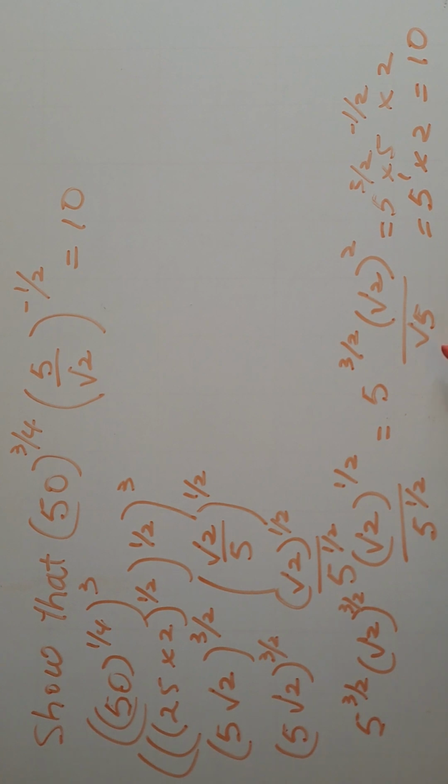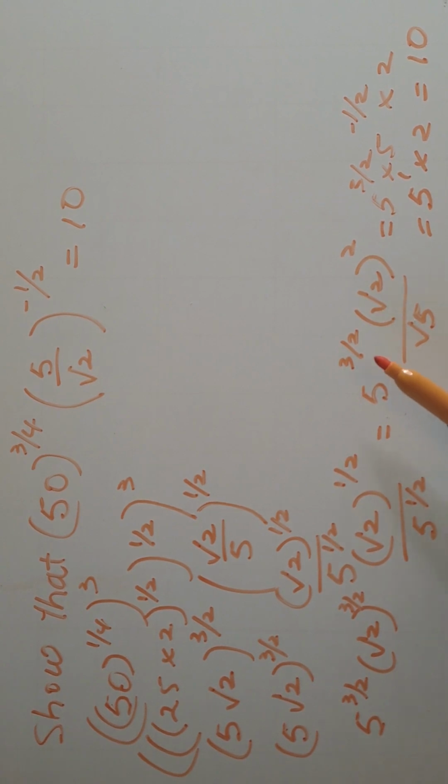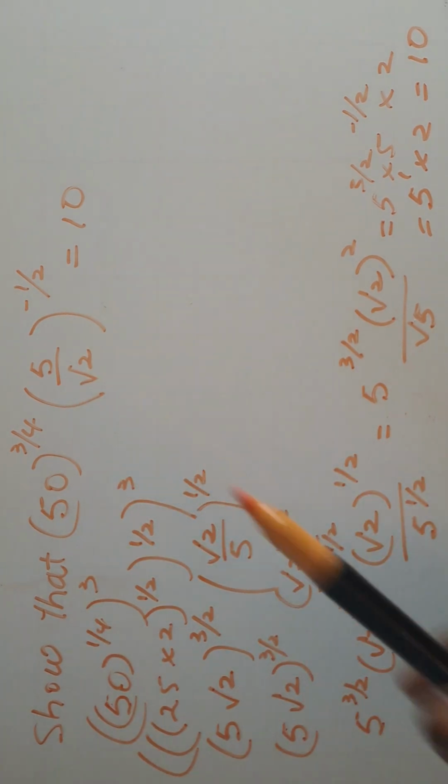We take root 5, or 5 raised to the power of a half, into the numerator, and it becomes 5 to the minus a half, and that with 5 to the power of 3 over 2 gives us 5 raised to the power of 1, which is 5, and the 2 from root 2 squared, which gives us 2. So we've just shown that this is equal to 10.